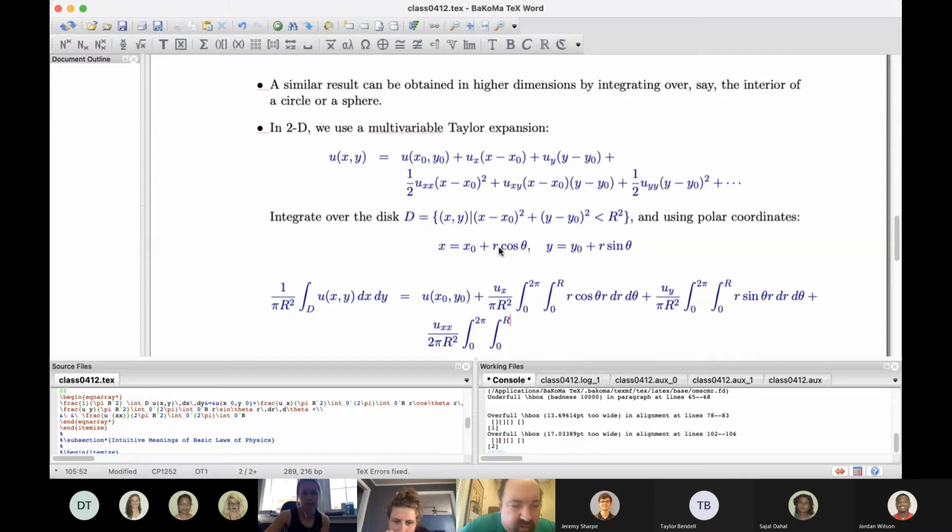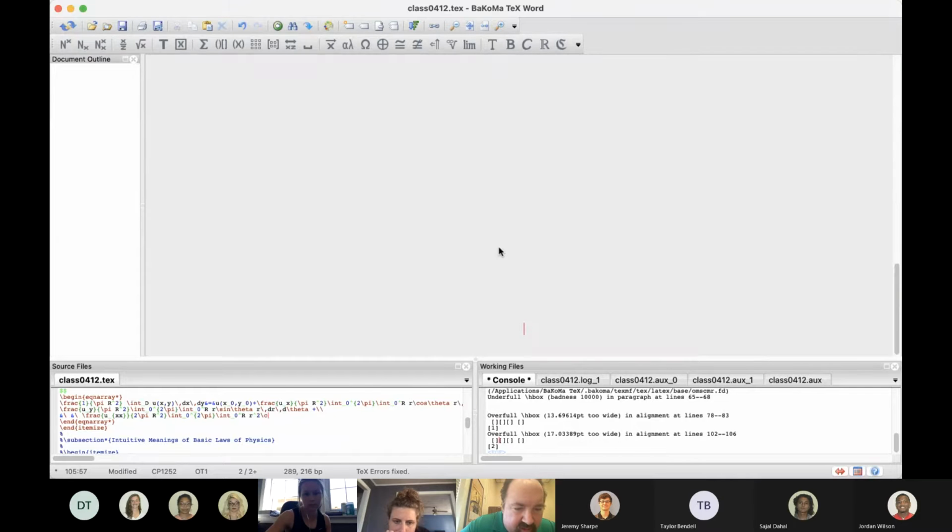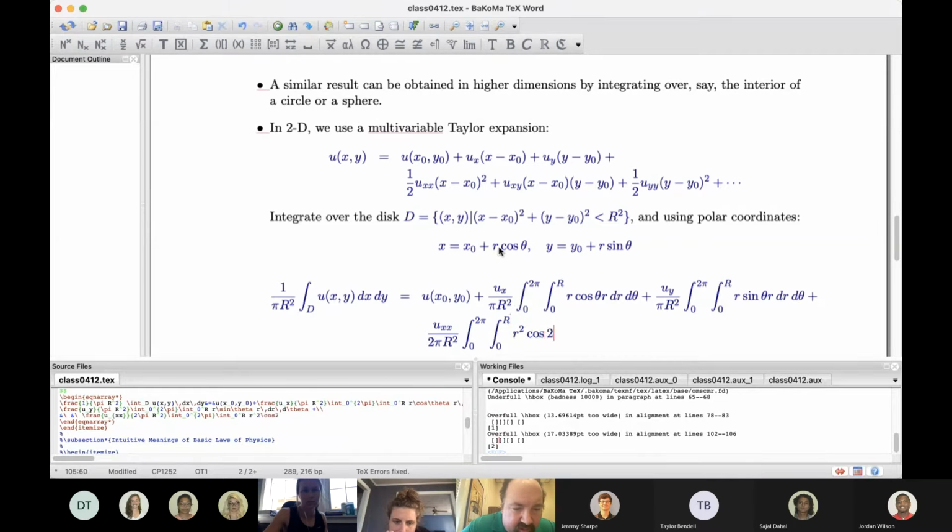That's going to be r squared cosine squared theta. Okay. And then similar for the other two terms involving second partials.